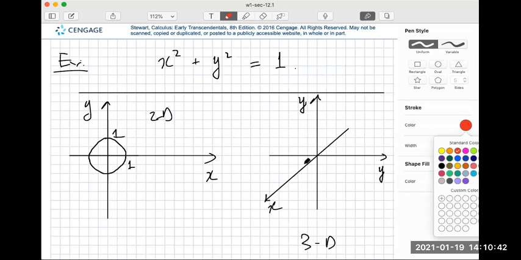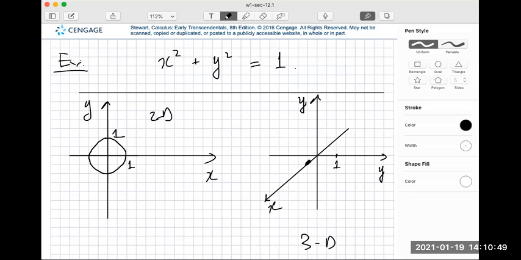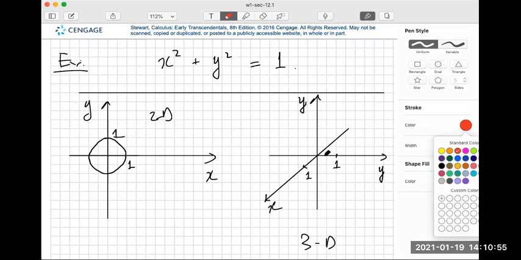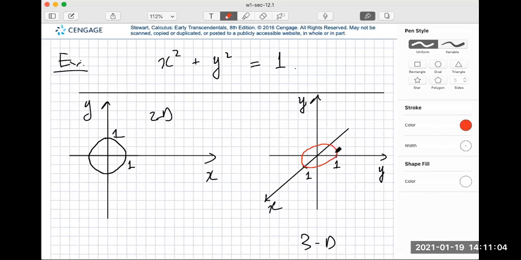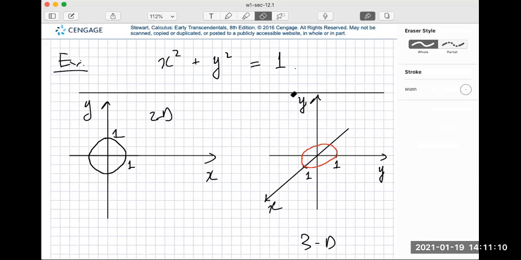How does it look like? Suppose this is 1 on the y coordinate. This is 1 on the x coordinate. Suppose this is the circle we're drawing on the left here, right? Oh yeah, it's a z.